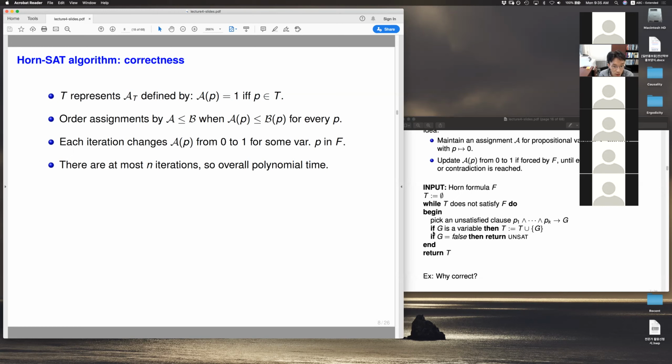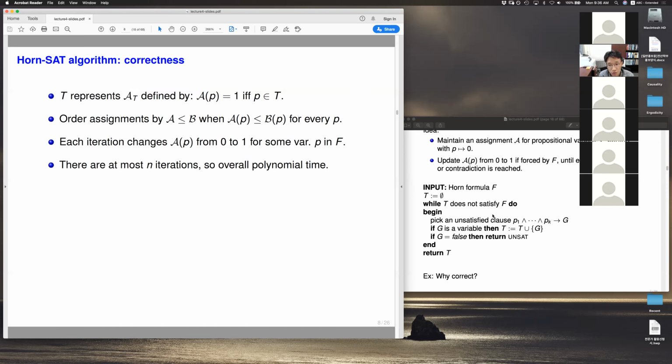We can do this very easily by saying that whenever this loop iterates and comes back to the beginning, that only happens when the set T gets increased by 1. The formula that you see on the right-hand side is not satisfied because the variable G was not in the set T. And then in the body of the loop, G gets included in the set T. So whenever this loop goes through without returning unsat, this set T is going to be increased.